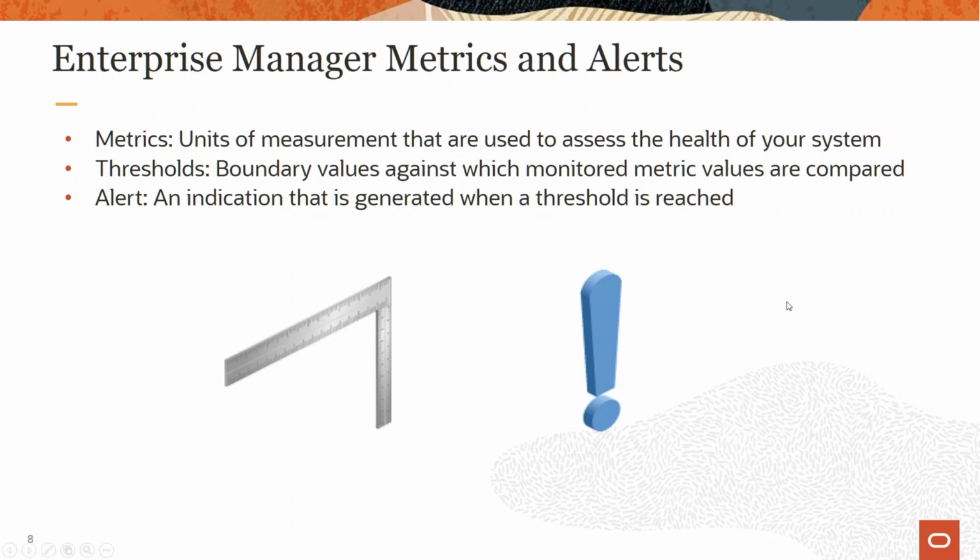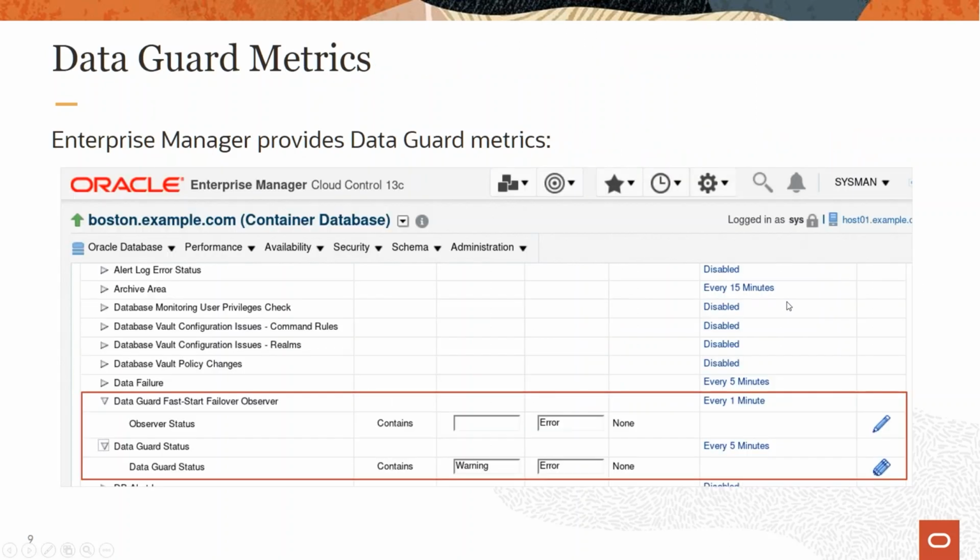For example, when you go to the Data Guard metrics page, you can go to the Oracle database menu. When you click this, you will see the Data Guard metrics in a page. So you will see the Data Guard fast start failover observer status, and also the Data Guard status, and you will see other Data Guard related metrics.